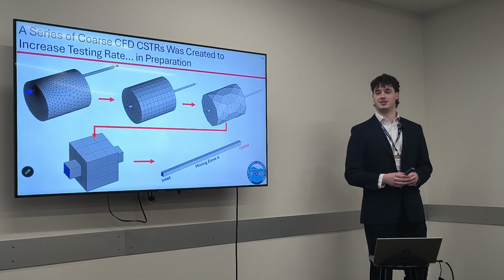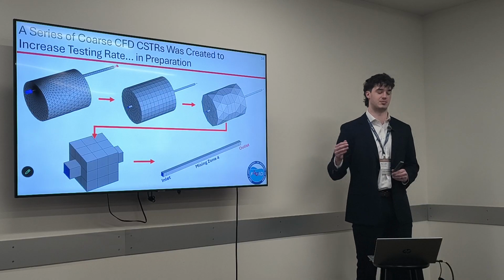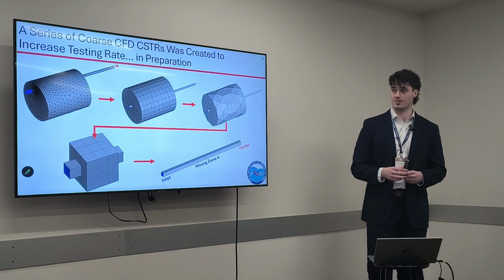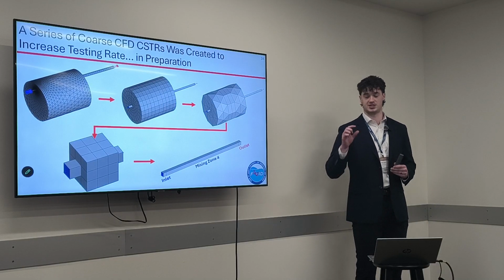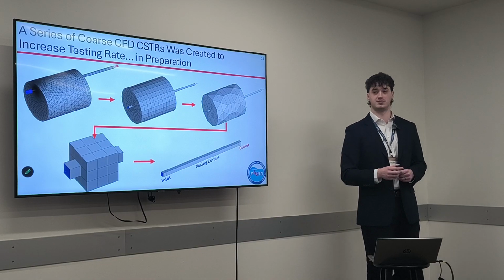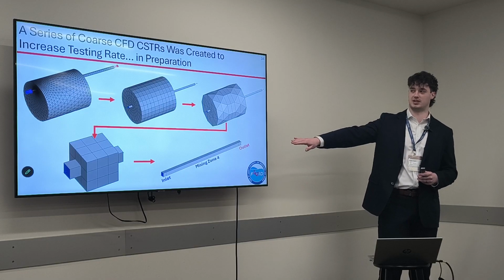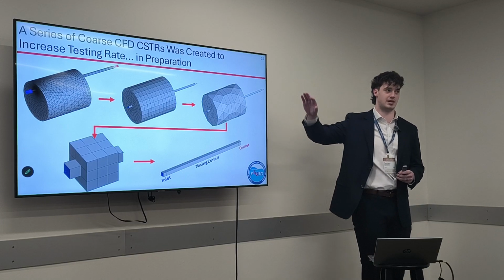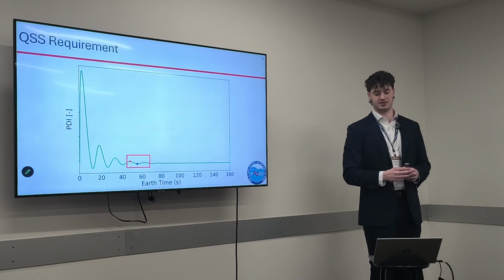And it should be noted that each of these mixing zones has the same volume, so we're not changing any of the simulation parameters. But recently, before this conference, we actually got a singular cell CSTR working that we're currently testing right now. This resulted in a drop from 2 weeks of simulation time down to about 18 seconds. So we're very happy with that. And again, that paper is in preparation.